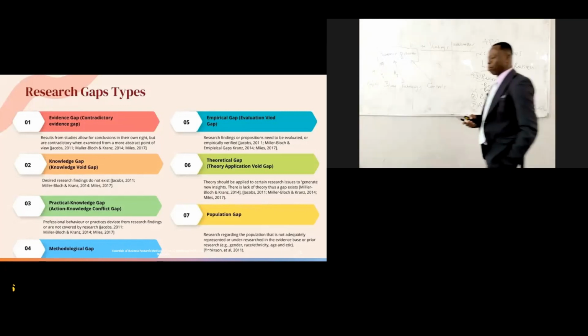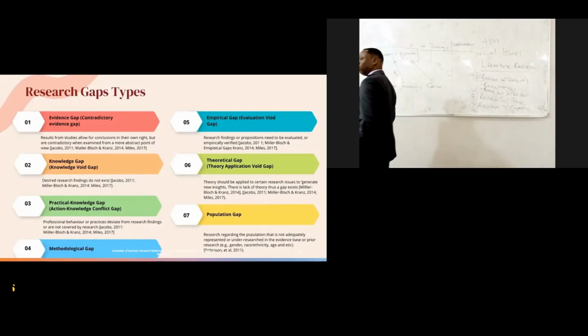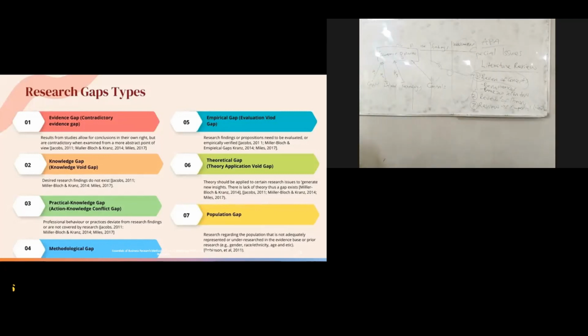Then we have what we call population gap. The population gap refers to the situation where you are now covering some unique geographical or demographic group. So you are covering rural and urban. Somebody may just do a study on determinants of economic growth in Ghana. Okay, but you want to look at sectoral growth.